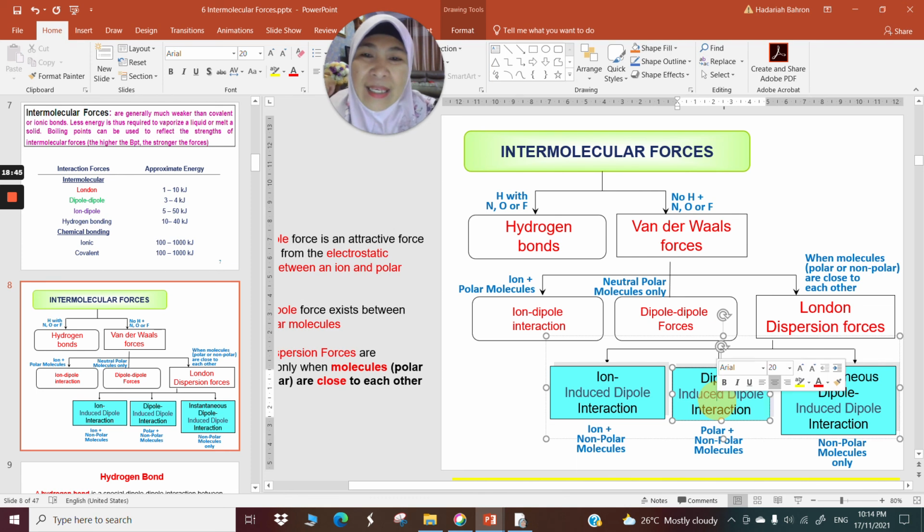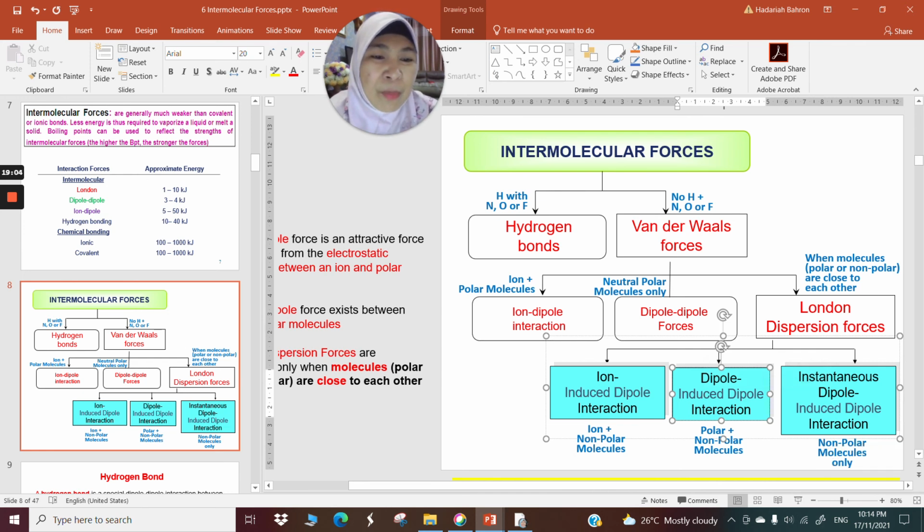So any non-polar molecule will have an induced dipole. You must remember, in chemistry, when we talk about dipole, it is always about polar molecules. When we talk about induced dipole, it is always about non-polar molecules.